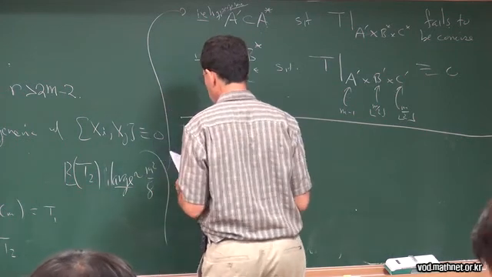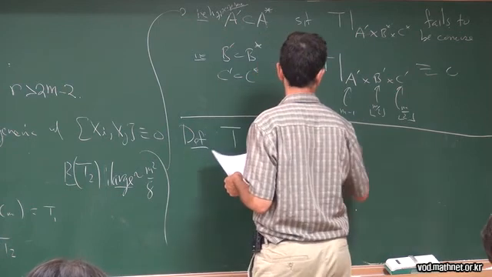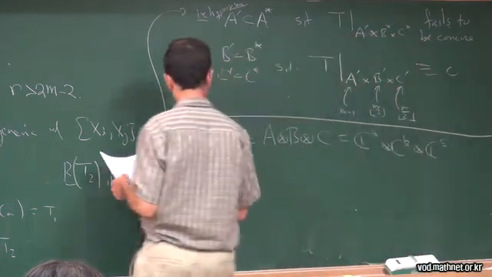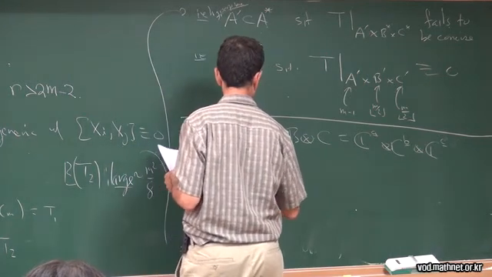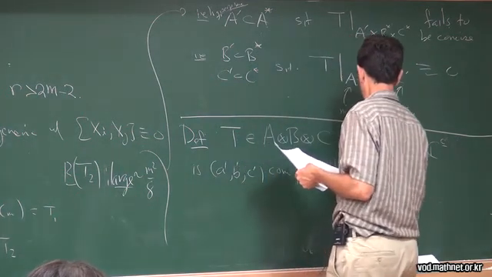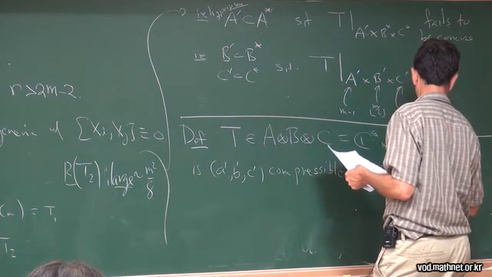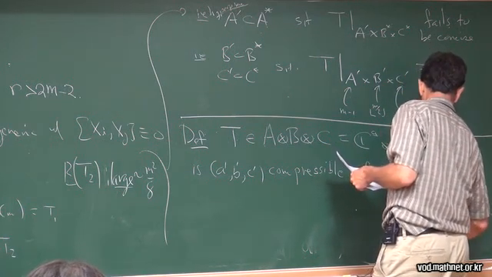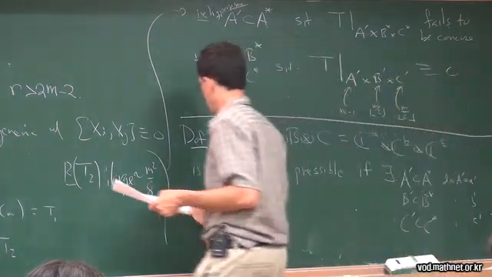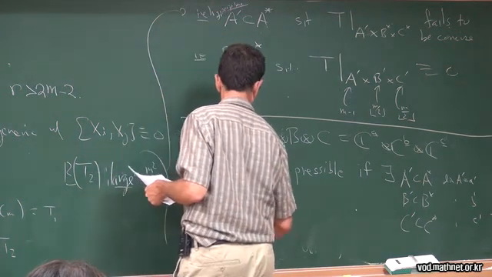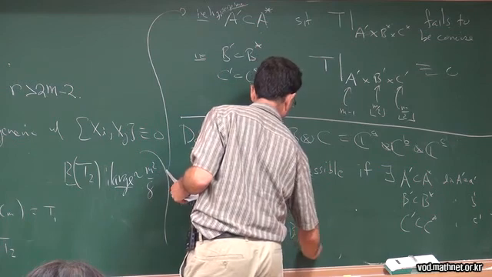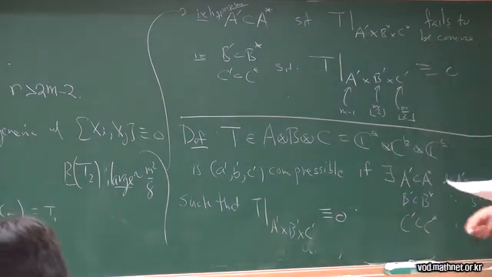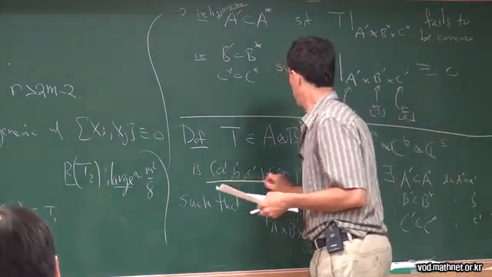Let's say T is in A tensor B tensor C, is A prime, B prime, C prime compressible if there exists A prime in A dual of dimension A prime, B prime in B dual, C prime in C dual, of dimensions B prime and C prime, such that T restricted to A prime cross B prime cross C prime is identically equal to 0. So I'm defining what it means for a tensor to be compressible.